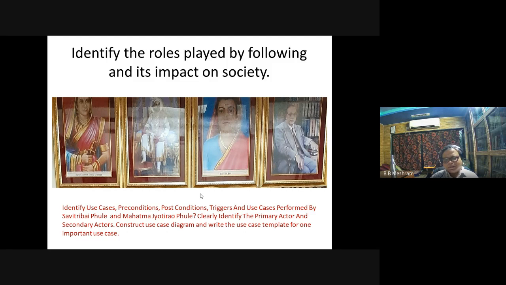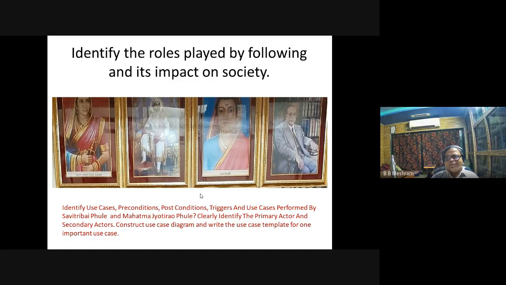Sometimes Mahatma Jyotirao Phule will act as a primary actor, sometimes secondary actor. So you have to identify the scenario in which their role is changed. I mean to say that the same actor can act as a primary actor or secondary actor. It depends on the situation.